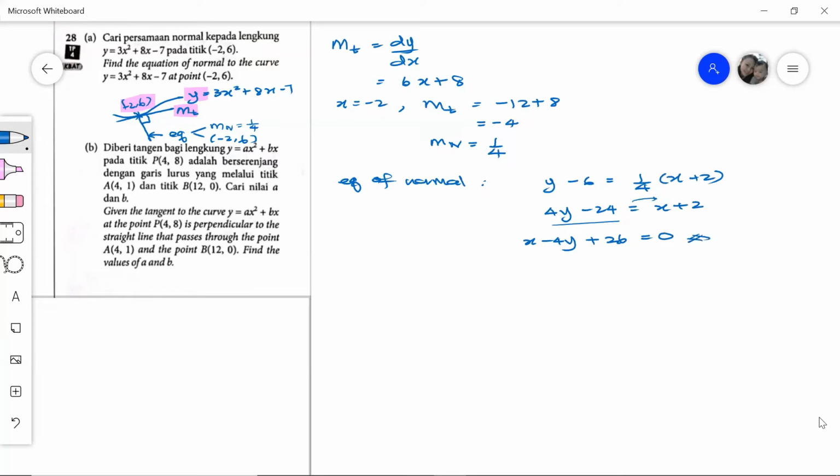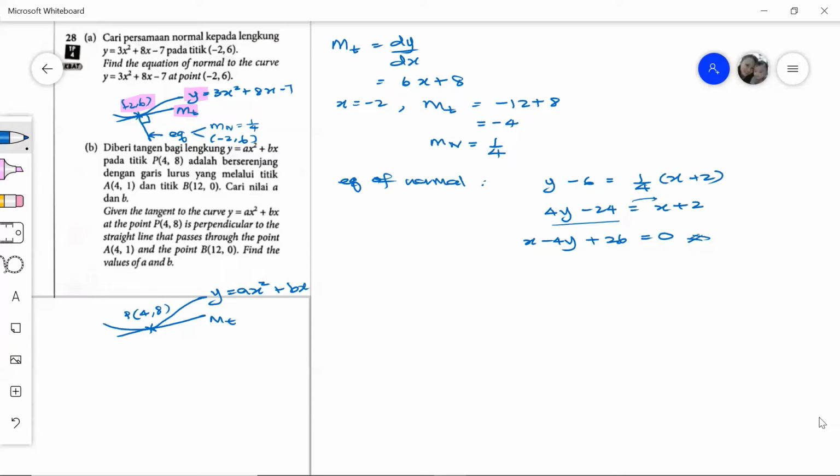And next part B, given the curve y equals ax squared plus bx at the point P. This is P, the tangent at the point P. So let's draw the tangent. At the point P, as I said, we mark down these three main things that will help us to solve the equation related to the gradient of the tangent.